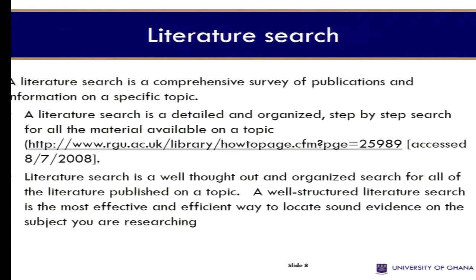So what is literature search? You will remember that one of the steps in the research process is literature review. But to review your literature, you must be able to identify the literature relevant to your work and to locate the sources where you can find them. So searching for these sources is what we term literature search.